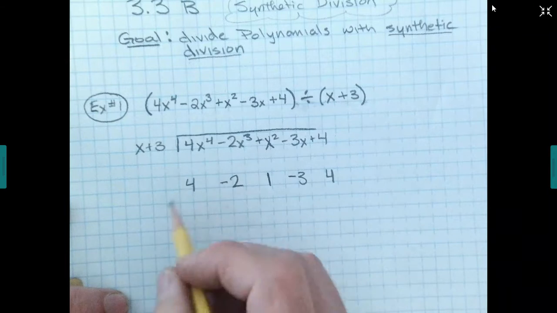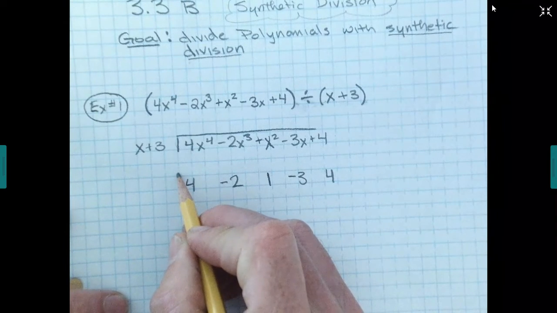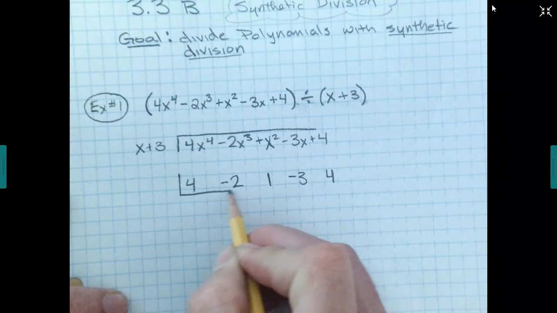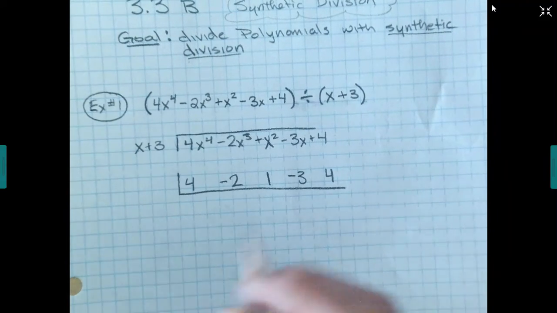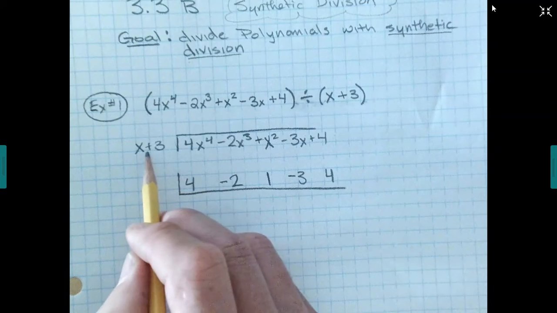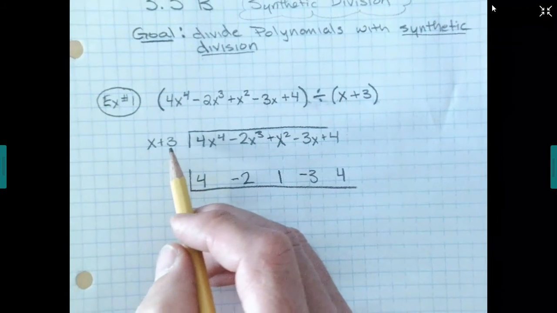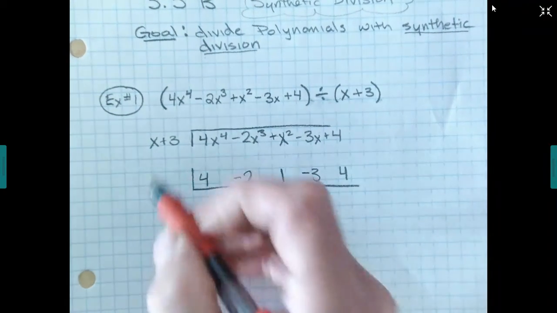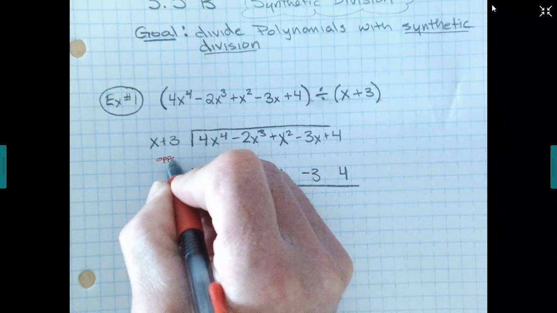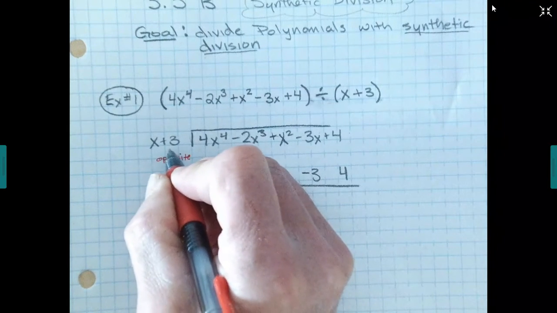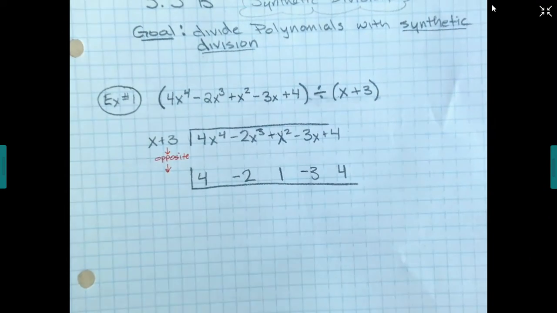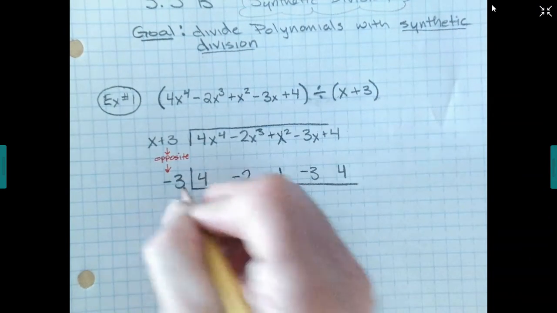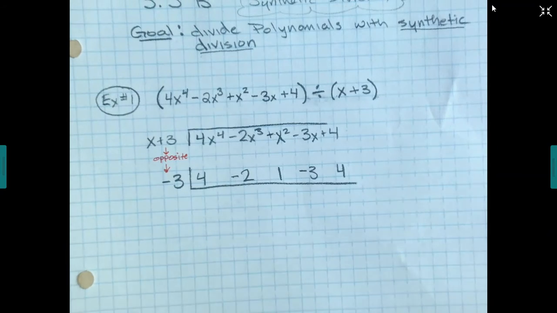And now instead of writing this division for synthetic division, we're going to write a line like that. Okay? And then for x plus 3, we actually write the opposite. So instead of a +3, we're going to put right here a -3.